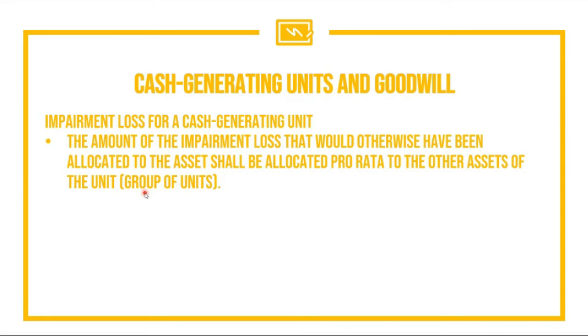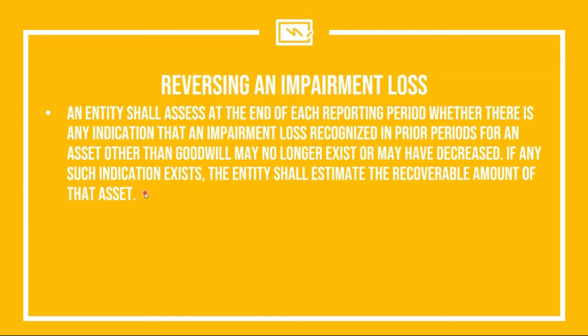So again, to reiterate, an asset that belongs to a CGU which is impaired will not automatically result in the recognition of an impairment loss because it depends on the situation whether it is going to be replaced or not. So it's a matter of a case-to-case basis in determining the recognition of impairment loss. Again, we also have an example like that in our next videos, particularly talking about impairment.